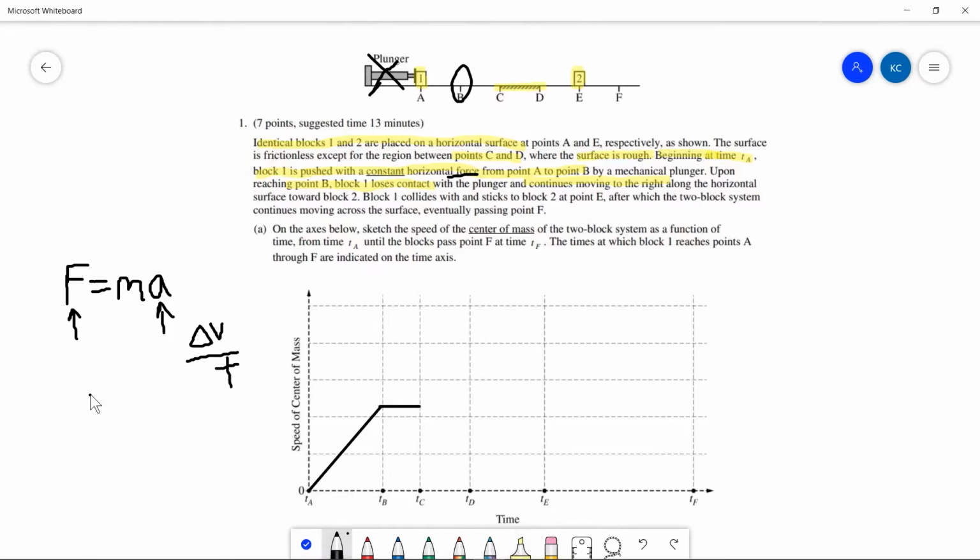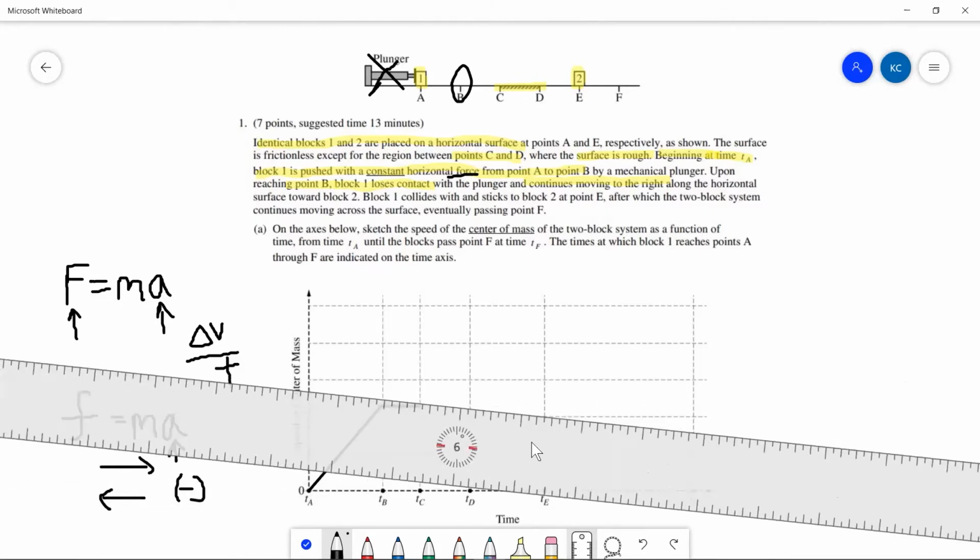And friction, which is shown by this funny looking F, is also a force, so it's also equal to a mass times an acceleration. However, a characteristic of friction is that it opposes the direction of motion. Since we're moving towards the right, the friction will be acting towards the left, and the left is the negative direction. That means the force is negative, and thus the acceleration has to be negative.